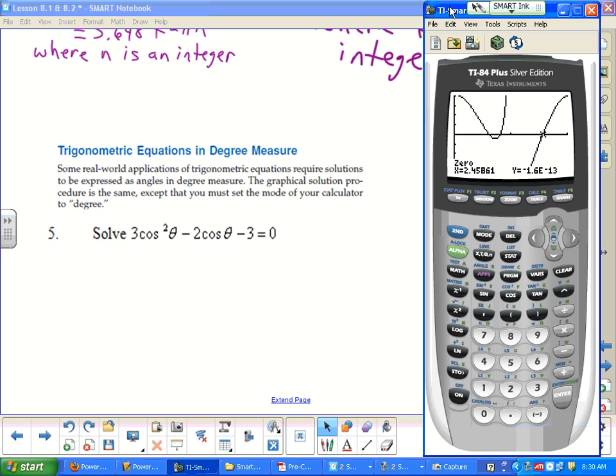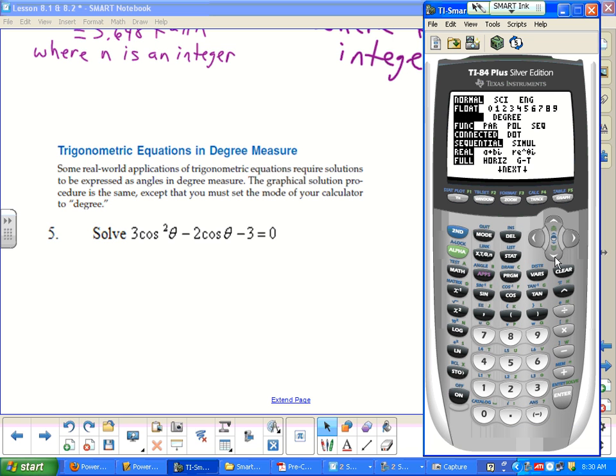You have to pay attention to that when they change the mode on you. Any answers you have in radians are probably going to be between 0 and 2 pi, and then your answers in degrees are going to be between 0 and 360.